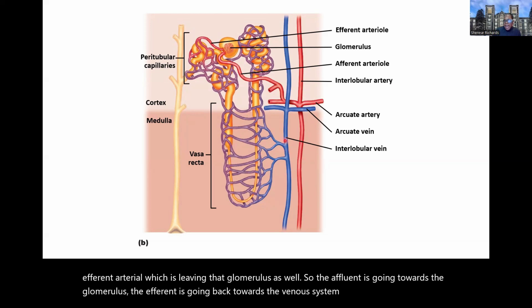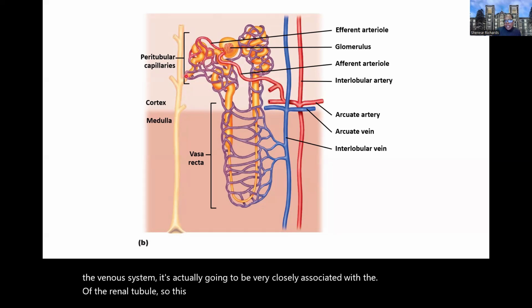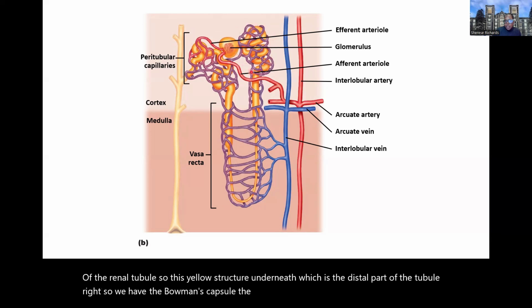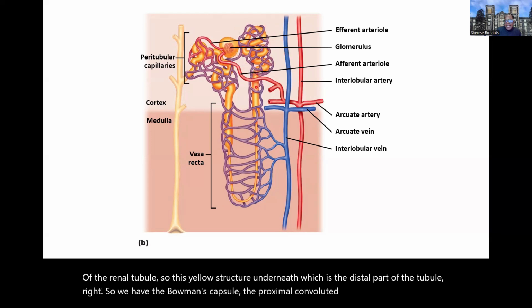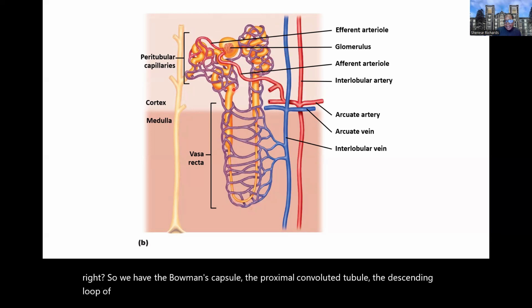But before it gets back to the venous system, it's actually going to be very closely associated with the rest of the renal tubule. So we have the Bowman's capsule, the proximal convoluted tubule, the descending loop of Henle, the ascending loop of Henle, and this region that dips down into the medulla is called the vasa recta.